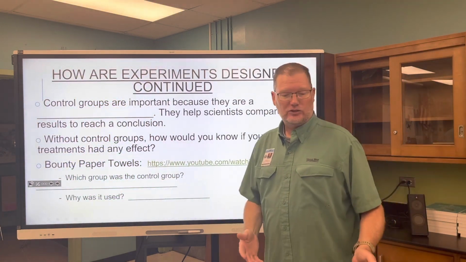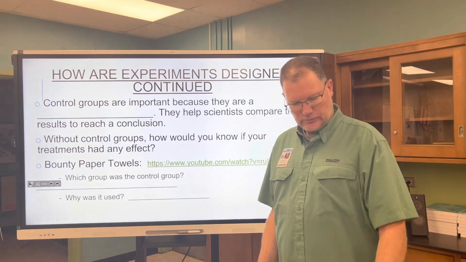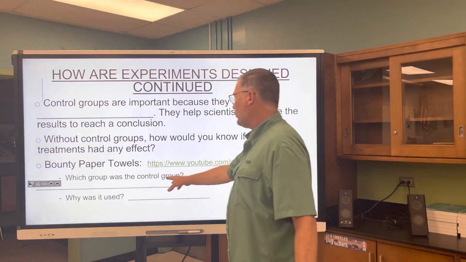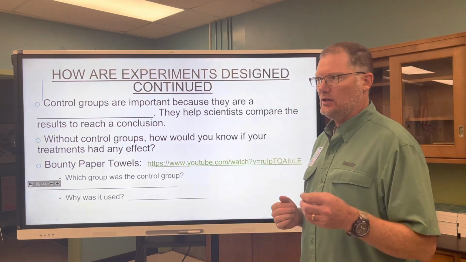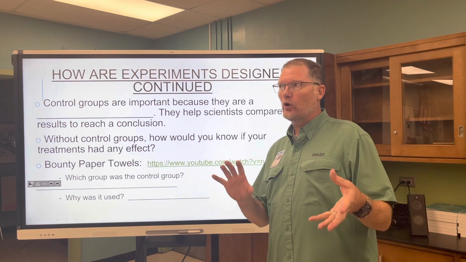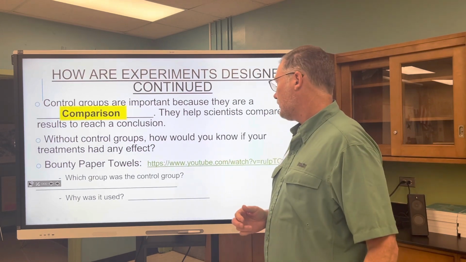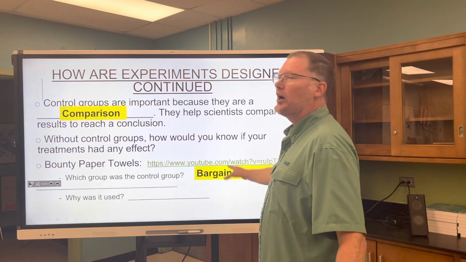So now that we've watched the video, the little Bounty commercial, which group was the control group? Was it the other brand or the Bounty brand? Okay. Oh, I forgot. Control. Oh yeah, that was already there. The bargain brand, right.